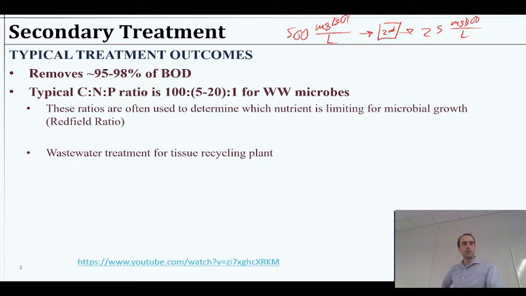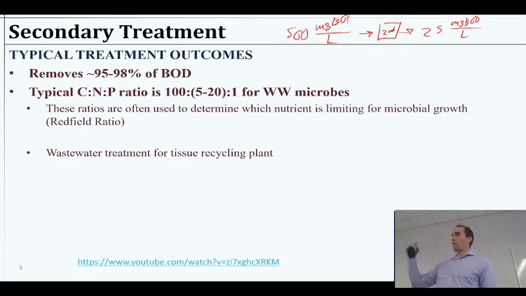Yeah, and one of the things we'll talk about a little bit next time is you want to keep your bacteria happy. Ties in a little bit to the CNP ratio stuff. If you give them the wrong type of food, you might get the wrong type of bacteria growing. So let's say bacteria that like to eat fats and lipids that you might find from restaurant wastewater or something like that.